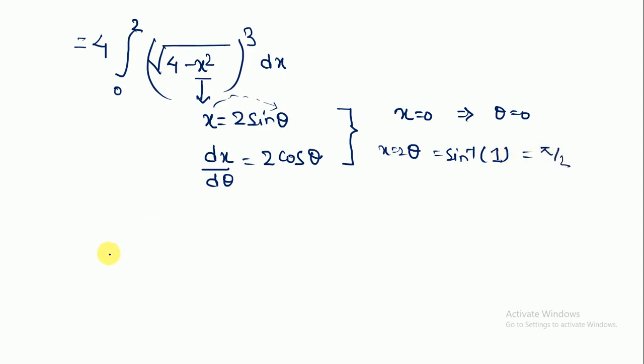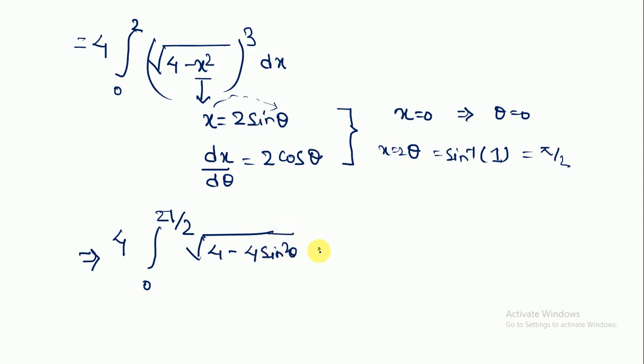Okay, so on changing the limit, what you will get is from 0 to pi by 2. Root under 4 minus x squared, I have put in 2 sine theta, so it will come as 2 sine square theta, whole cube, into dx, and dx will be 2 cos theta d theta.